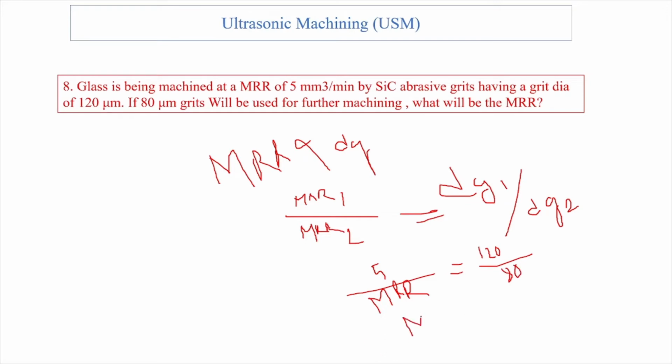So what will be the MRR if 80 micrometer grit size abrasive grit is used? 80 into 5 divided by 120, right?